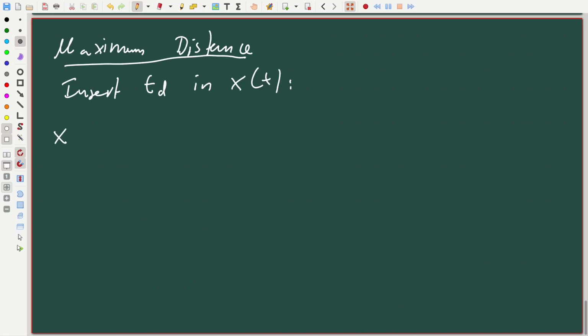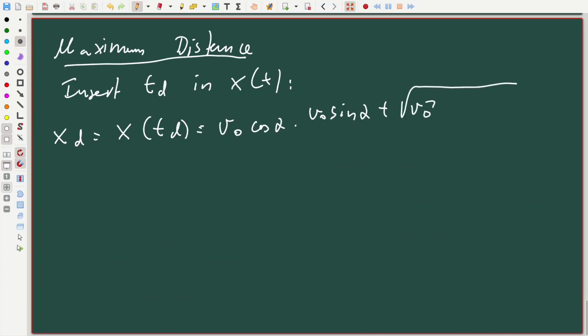So xD would be given as x of TD, and if we write this down, x of t was given as v0 times cosine alpha times, and then we have to insert our TD, which is v0 sine alpha plus the square root of v0 squared sine squared alpha plus 2gh, and all of this divided by g.